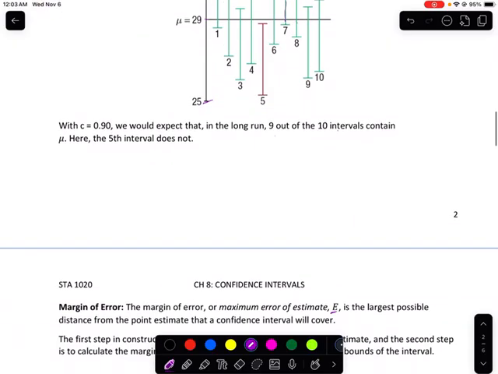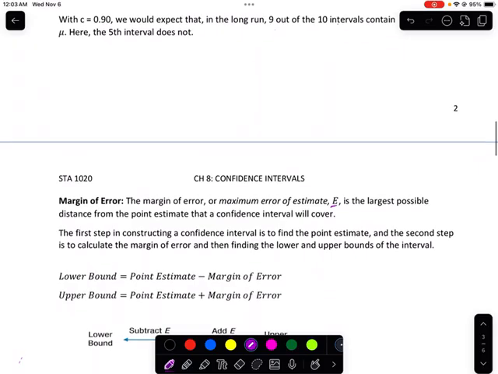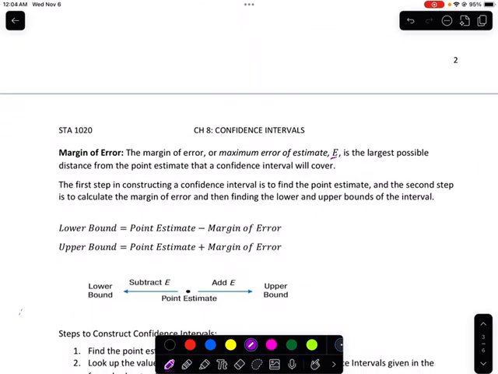So let's see now how we do our problems. In order to find the confidence interval, what are the steps? The first step is to find the point estimate.